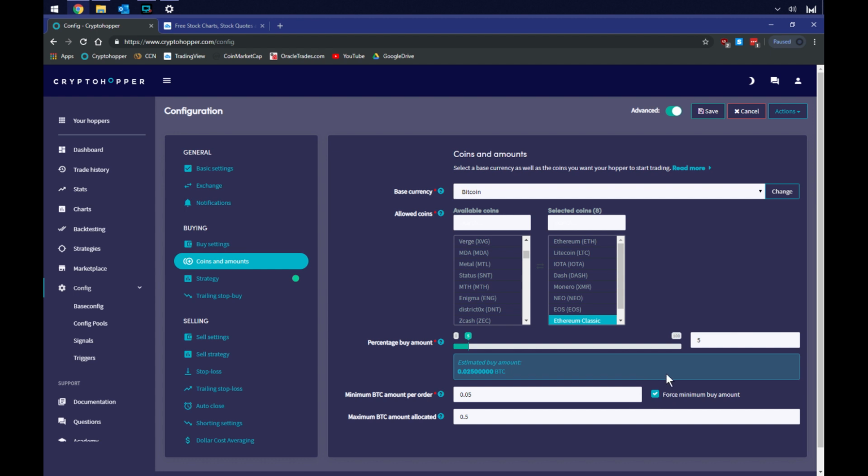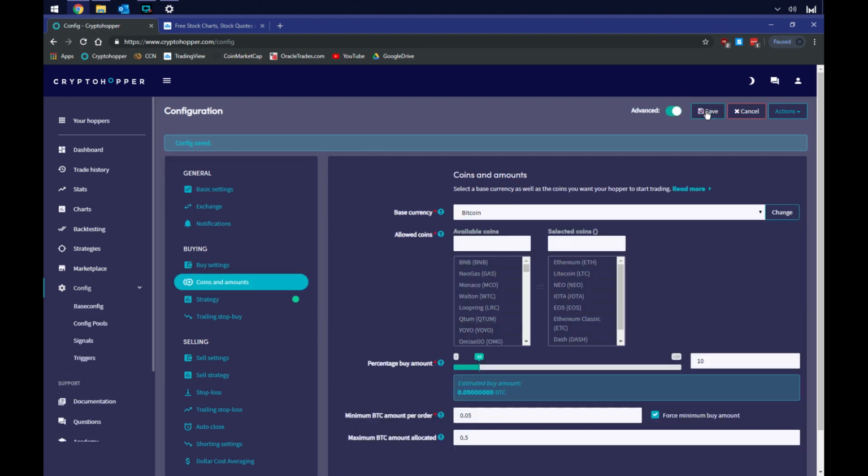If you set the percentage amount here to 10, you will see that the estimated buy amount is also 0.05 Bitcoin. Once you have completed this section, let's hit save, just so we don't lose any progress in case of session expiring.